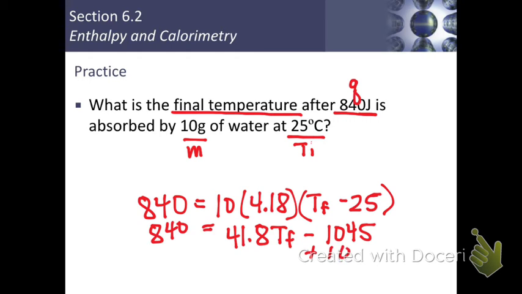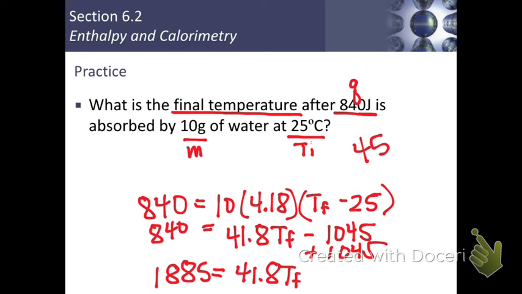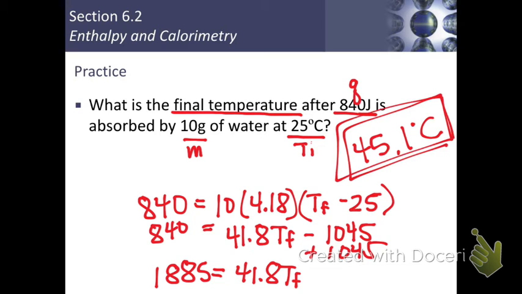I'm going to add that to the other side. Do we have to distribute? Because I just divided it by 41.8 and then added 25. Sure. Yeah, I would think that would work. Did you get 45.1? Yeah. Okay, great. No, I got 45.487. Okay.